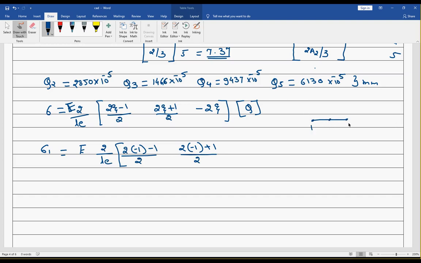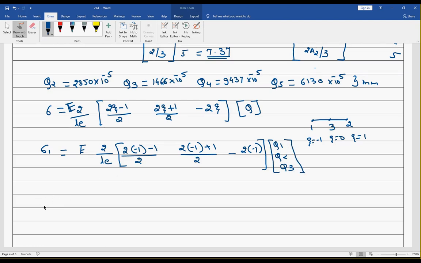This is node number 1, node number 2, and this is 3. Here xi equals minus 1, xi equals 1, and this is xi equals 0. So minus 2 into minus 1, and of course this will be multiplied by q1, q2 and q3.